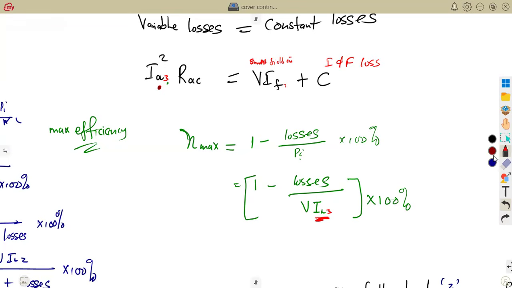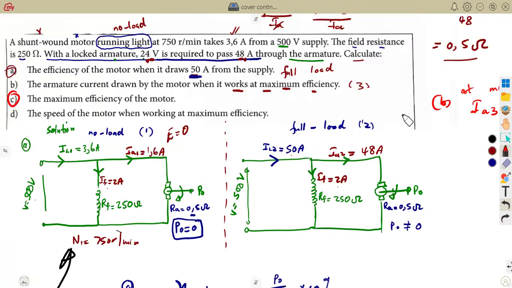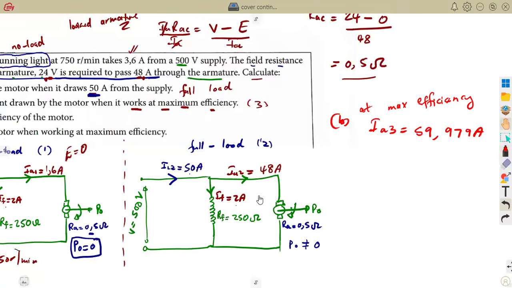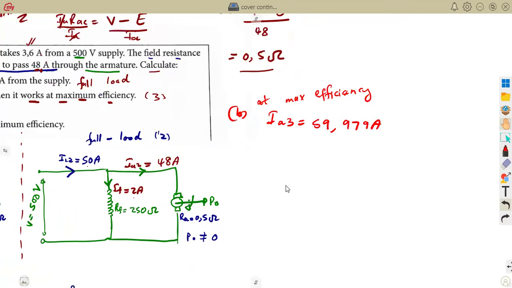Remember, let me write the formula first. So that is the maximum efficiency. Now we need the efficiency. We saw that the maximum efficiency can be determined as 1 minus the losses, so you're considering all the three losses that you calculated there.